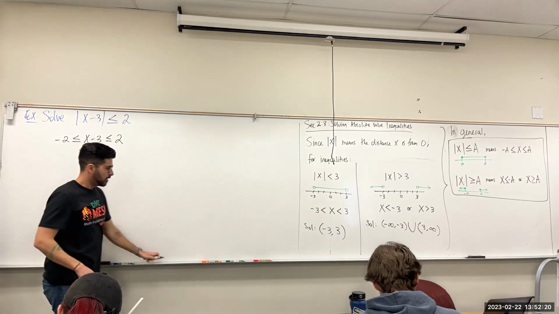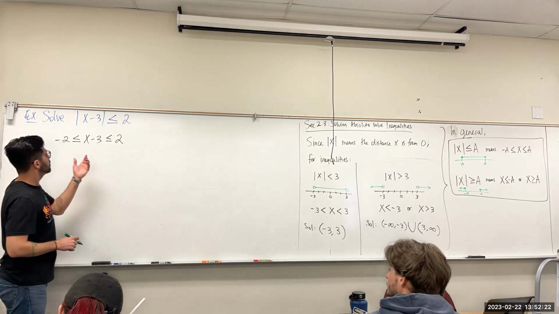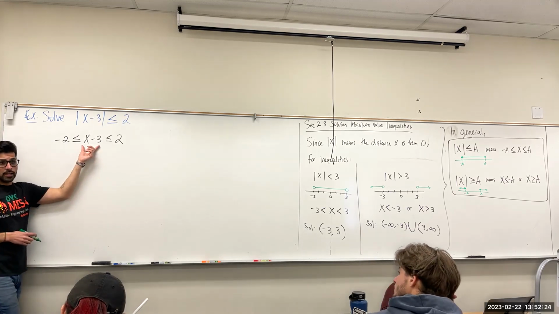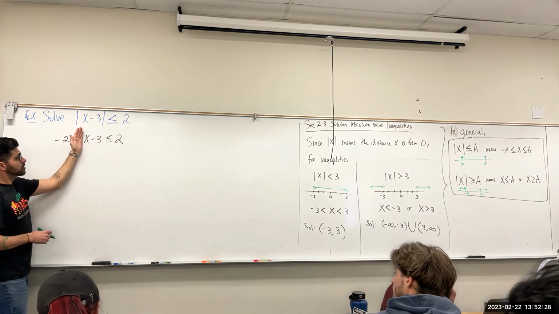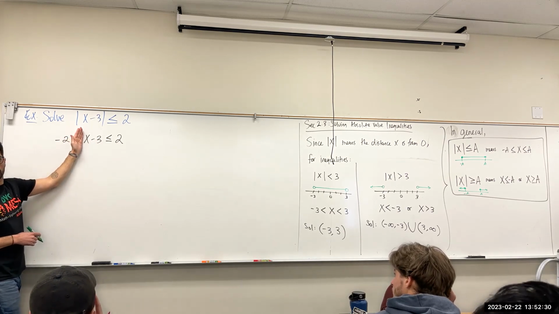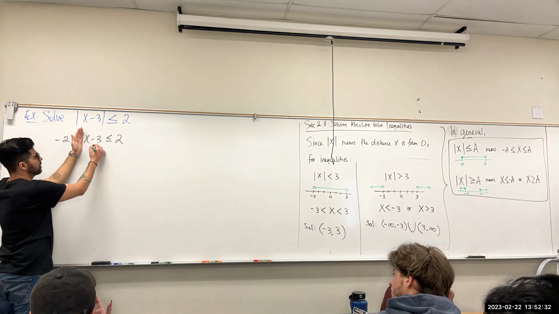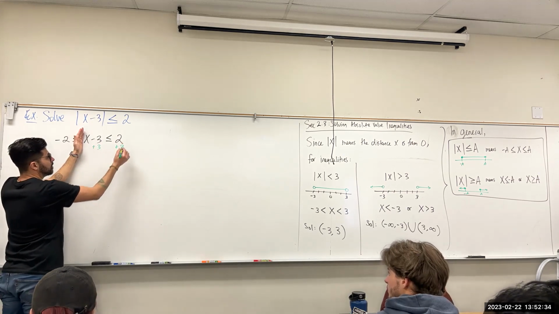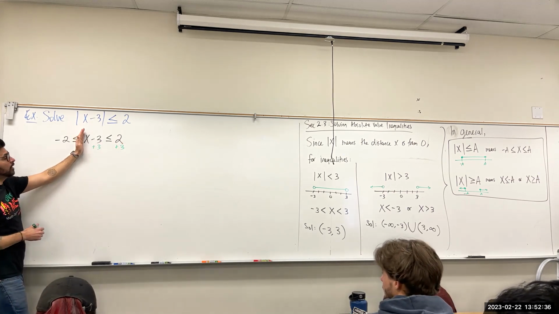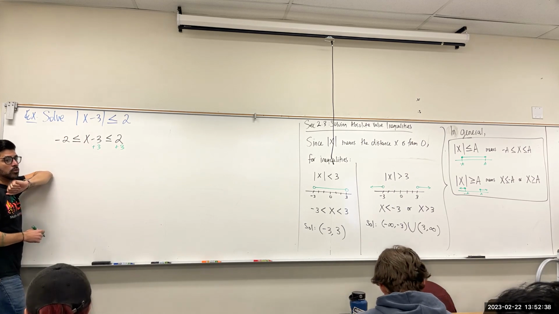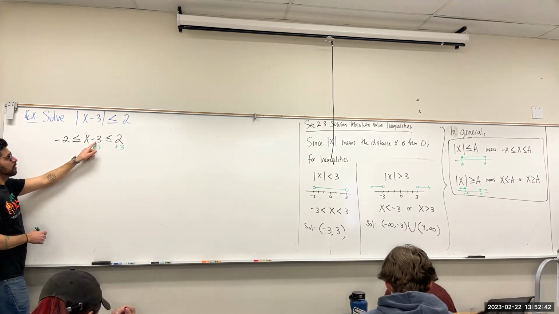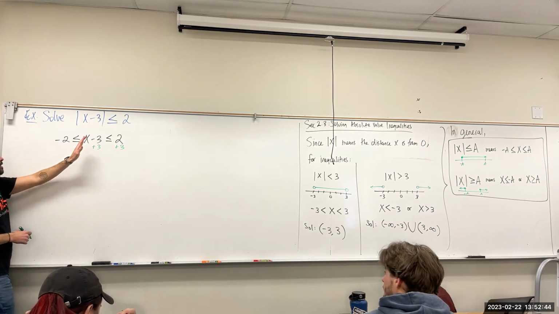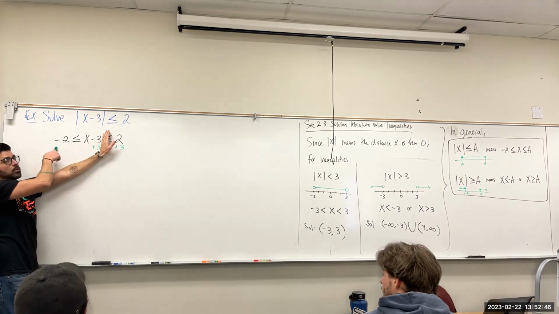But there's a little bit more to do because we're trying to get x by itself. So what would you do to get x by itself if it was just this inequality? Add the 3, right? But here, the reason this is called a compound inequality is because you have multiple inequalities. If I add the 3 here to get rid of the 3 and isolate x, see how you would have to also add 3 on this side?